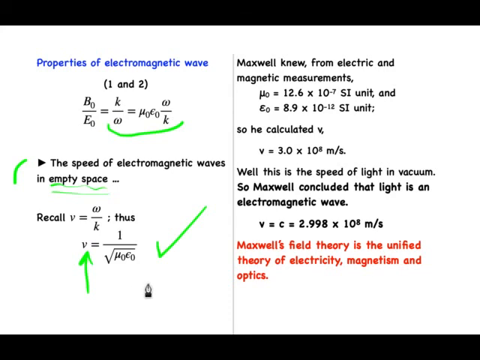And we call that c. So in physics, the letter c always stands for the speed of light in vacuum. It's universal. It doesn't depend on omega. It doesn't depend on k. It only depends on these universal constants, mu naught and epsilon naught. It's just a universal constant of nature.